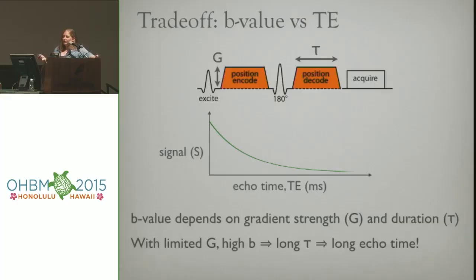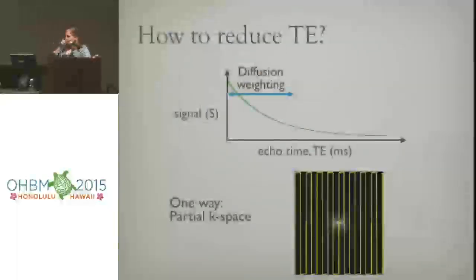And unfortunately, the situation that we're in is that in a clinical system where we have limited gradient strength, so that the G value here is limited, if we want to increase our B value, the only way that we can do that is to increase the duration of the diffusion gradients. Okay? So this then leads to a trade-off.